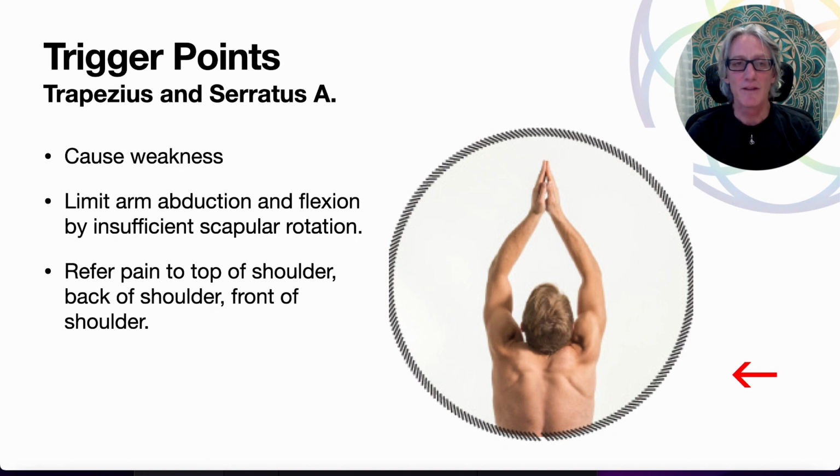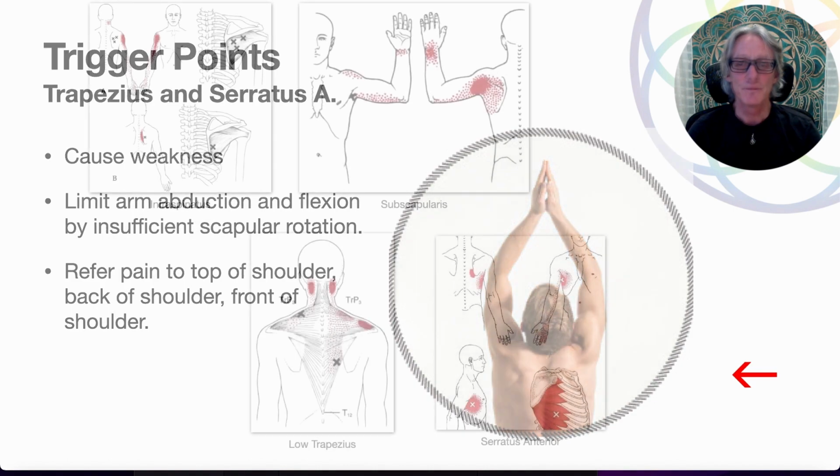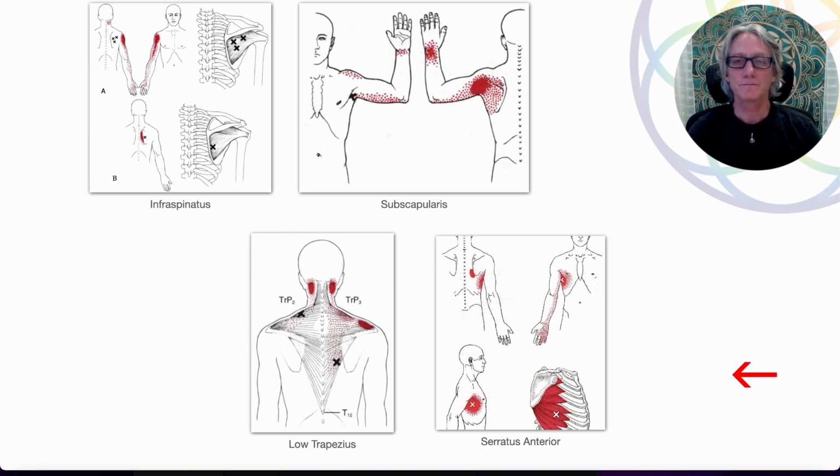The other thing that happens, as I showed in those previous pain referral charts, is that the scapular stabilizers, the serratus anterior and the trapezius, are capable of referring pain to all different places of the shoulder. Top of the shoulder, front of the shoulder, back of the shoulder. So here is how the referral works.